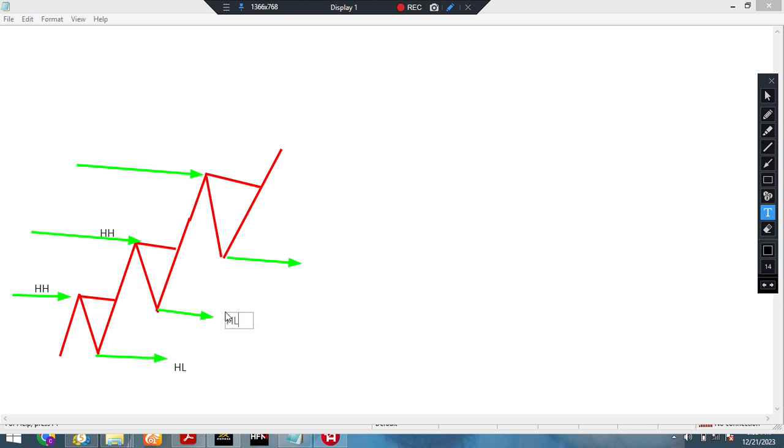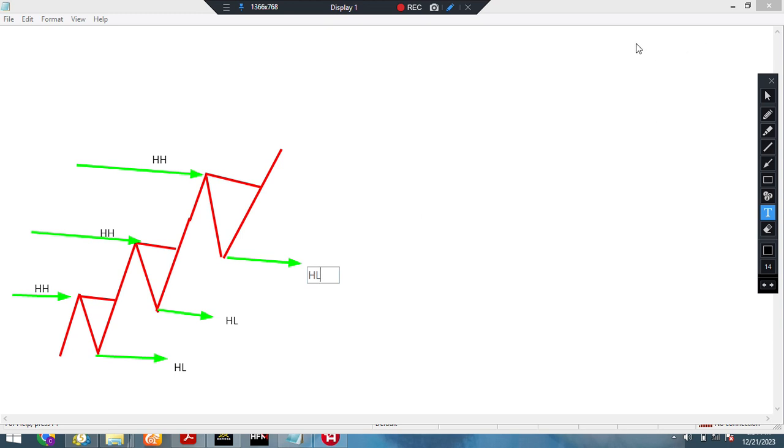Then we have another higher high here. We have a higher high, then lastly we have a higher low. So this is how price moves.